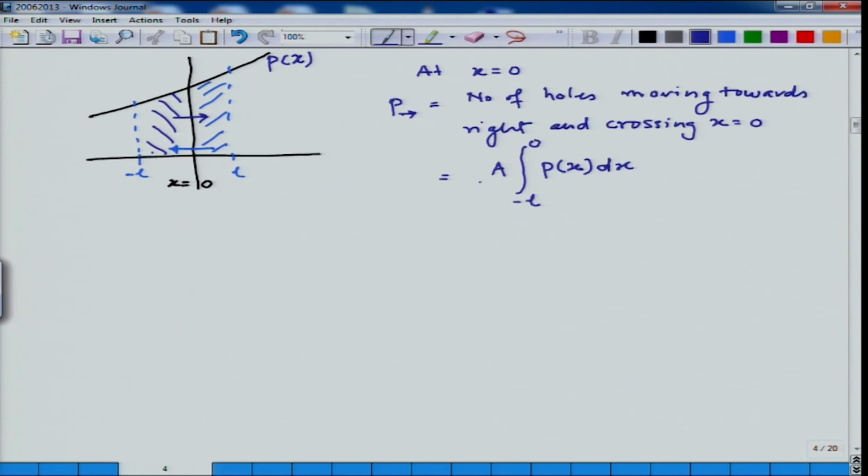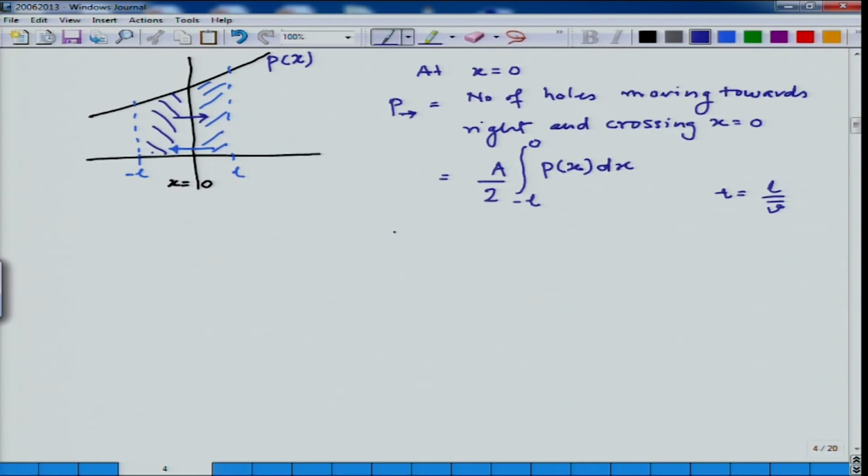Since only half will move to the right, because the other half are going to move towards the left, this has to be divided by 2. So, this is the total number of holes moving from this volume and crossing x equal to 0 in time t, where t is defined by the length divided by the average velocity, the mean free path divided by the average velocity.